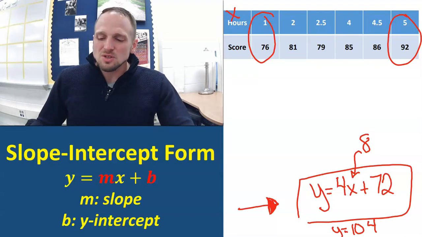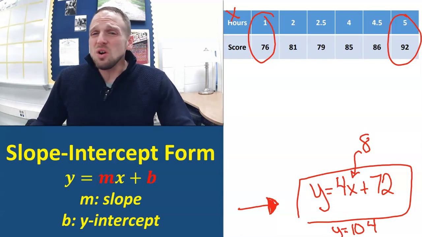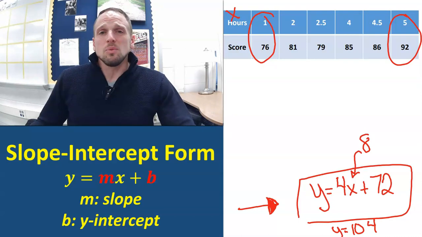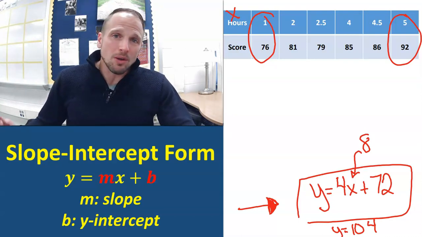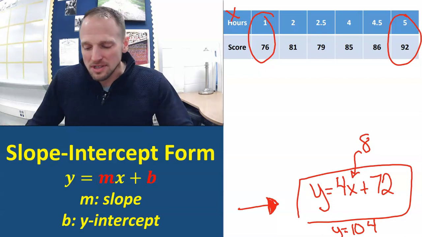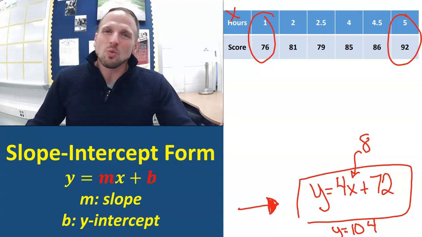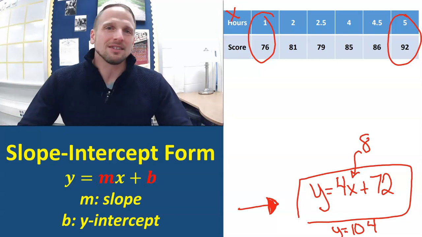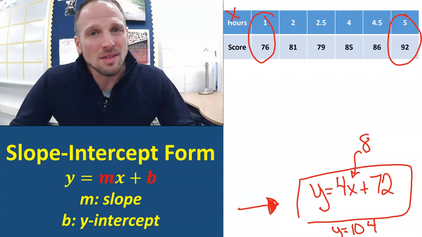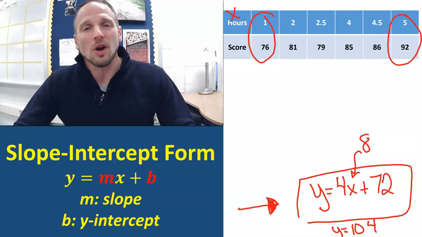It turns out anything over 7 hours, this is not going to be a good predictor for. Because at 7 hours, that's when you hit the max of 100. If I put 7 in for x, 4 times 7 is 28, plus 72 is going to be 100. So 7 hours is where we hit our absolute max, and this is just not going to work for anything higher than 7 hours. All right?